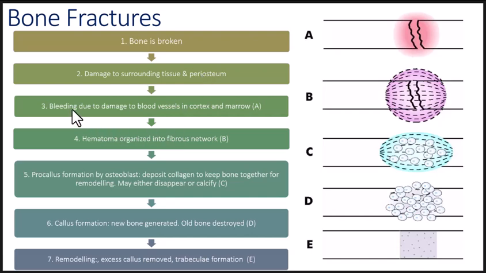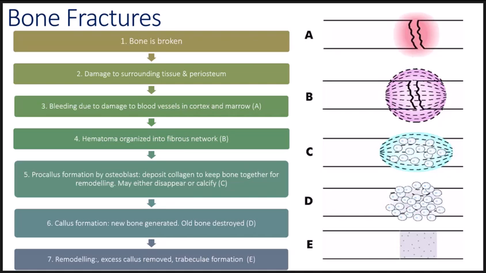Now, bleeding will occur, and this is because of damage to the periosteum, which again is densely vascularized. And the bleeding can occur because of the break through the periosteum, but also if it's a big enough break to the bone medullary area, then that can bleed as well.